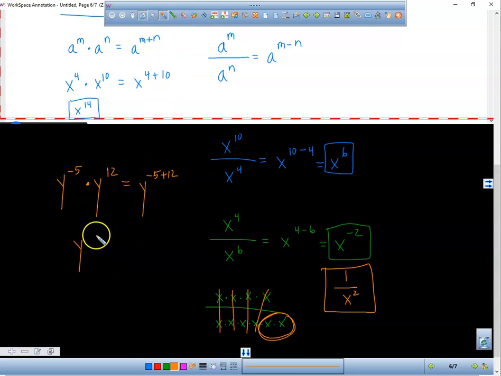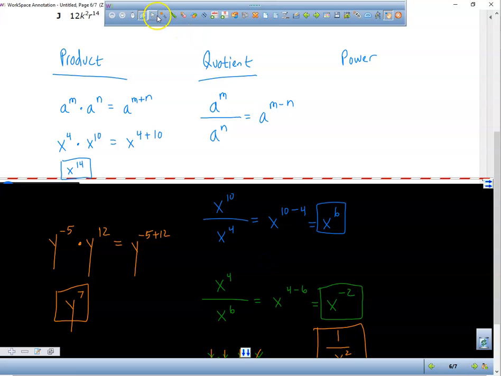What's negative 5 plus 12? Or what's 12 minus 5? 7, you're right. So that'd be y to the power of 7. Remember, the product property is when you're allowed to do what with the exponents? Add them together. The quotient property, what are you allowed to do? Subtract them.